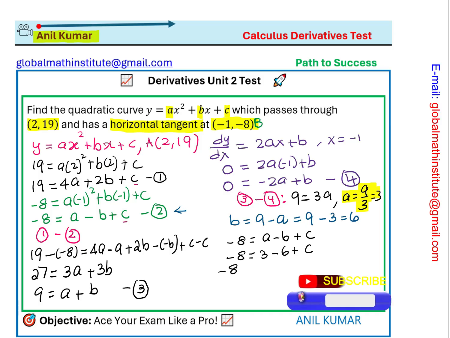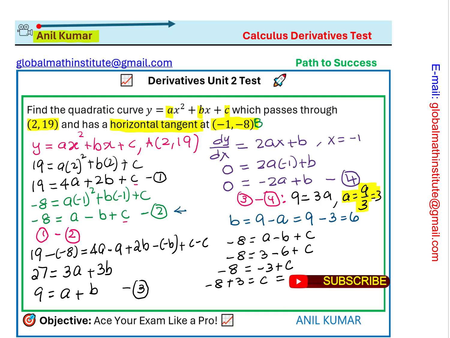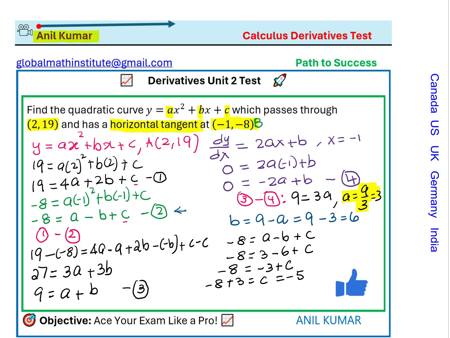So we have minus 8 equals minus 3 plus c, or minus 8 plus 3 equals c, which means that c is equal to minus 5.